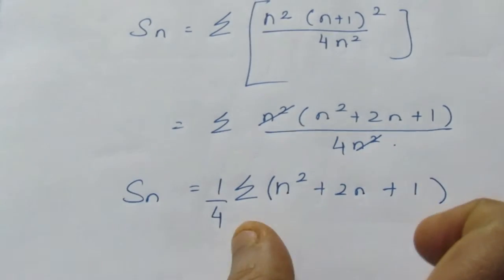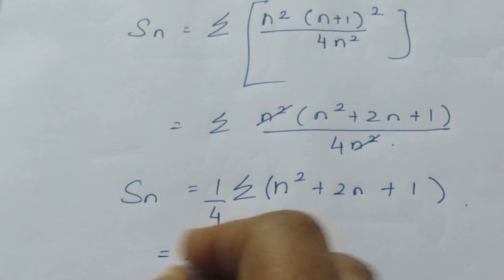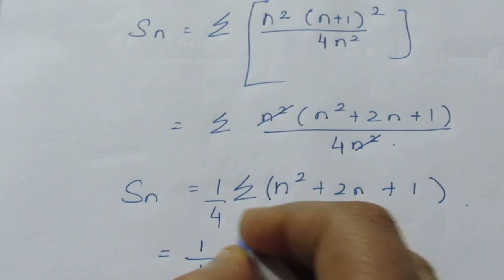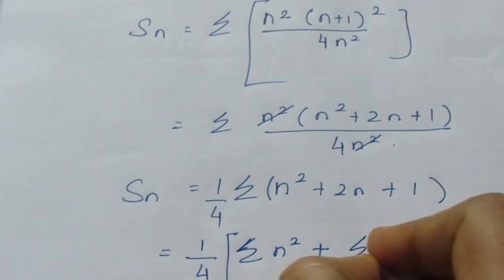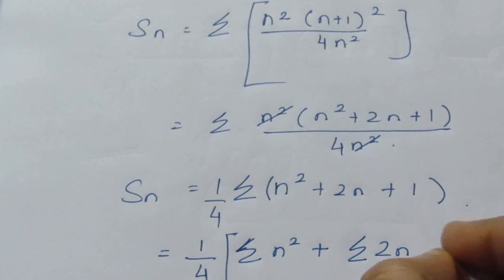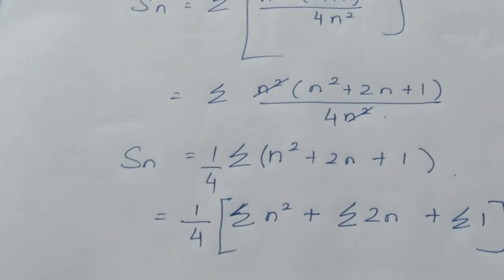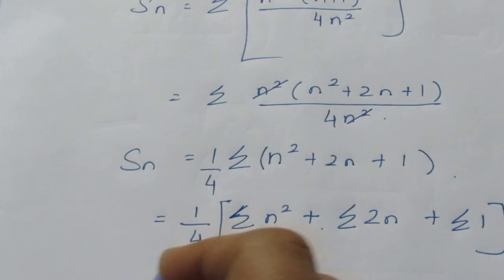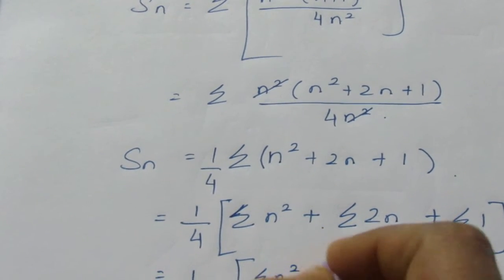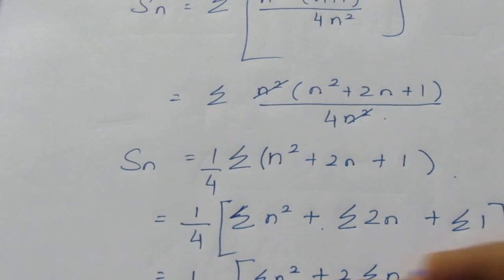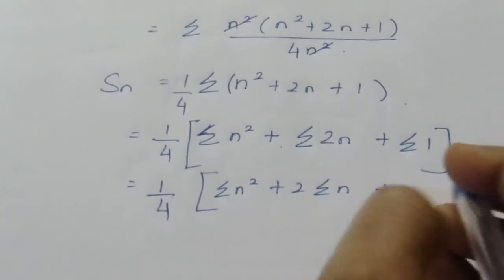Now I need to find the sum of these terms. The sum can be written as 1 by 4 into summation n square plus summation 2n plus summation 1. Now even this 2 we can bring outside. This becomes 1 by 4 into summation n square plus 2 summation n plus summation 1, which will become n.